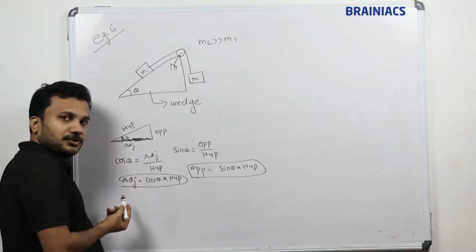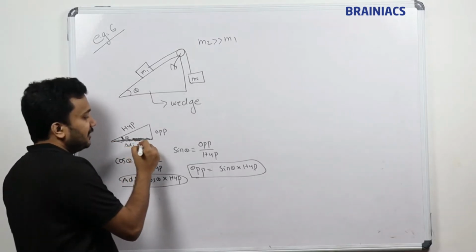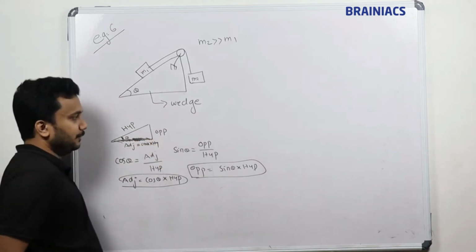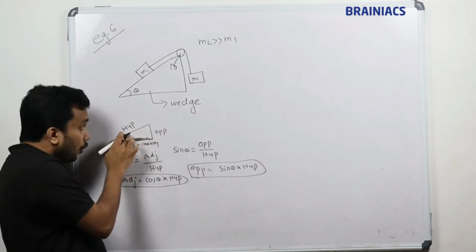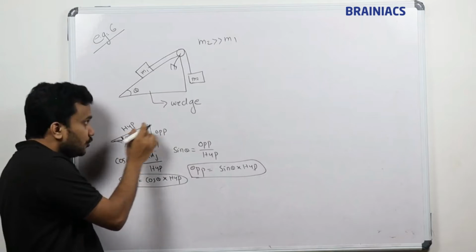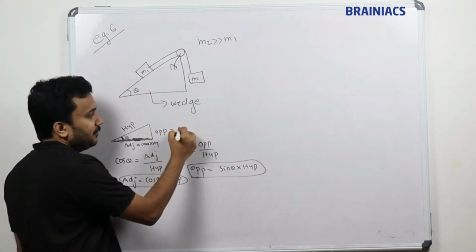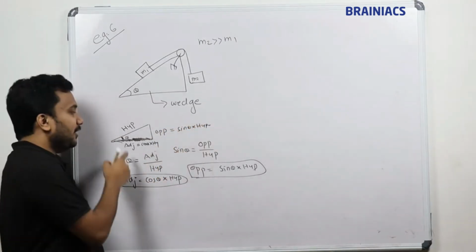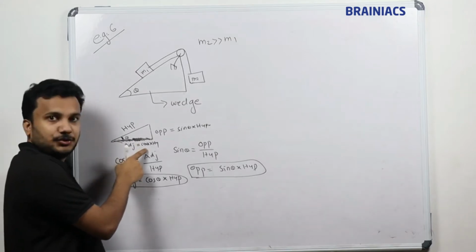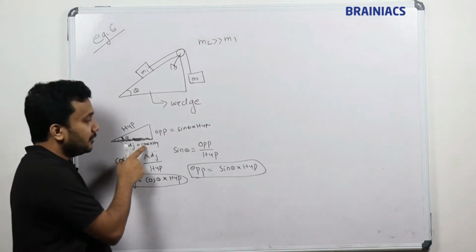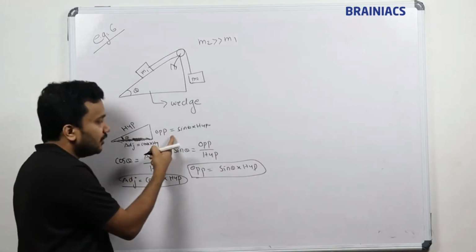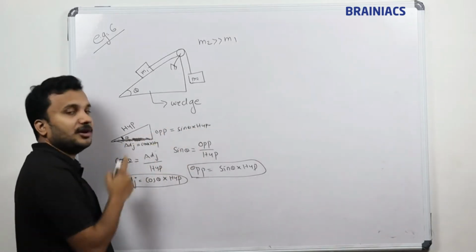If it is adjacent to theta, then you have to write cos theta into hypotenuse. Hypotenuse is hypotenuse. Whenever you see something adjacent to theta, you write cos theta into hypotenuse. Whenever you see something opposite to theta, you write sin theta into hypotenuse.